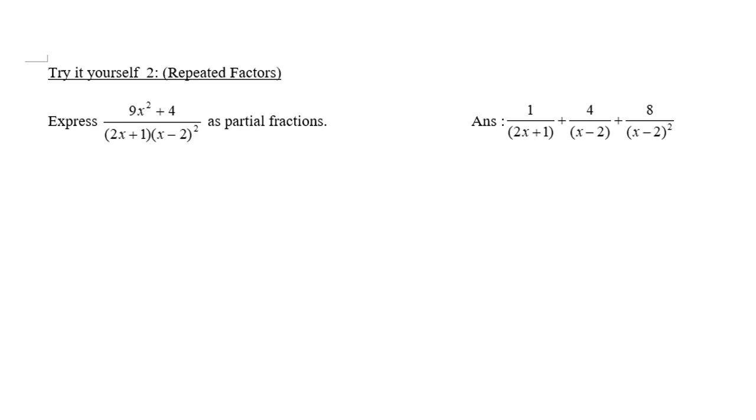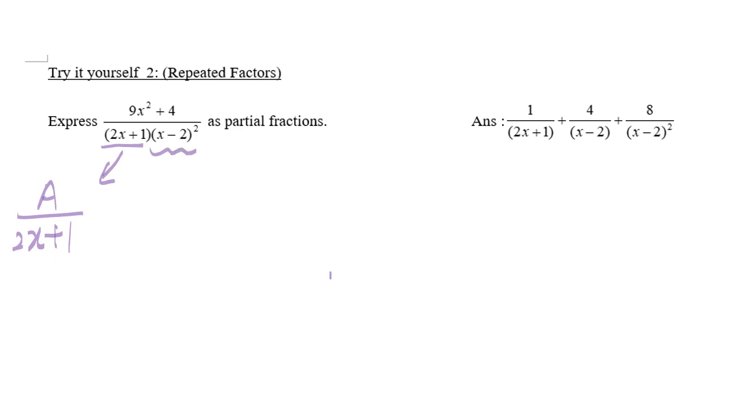That is step 1. Once you have checked that it is a proper fraction, the next step is to examine the denominator and express it as partial fractions. If you look at the denominator, it comprises a linear factor. For the linear factor, we can let it equal a over 2x plus 1.